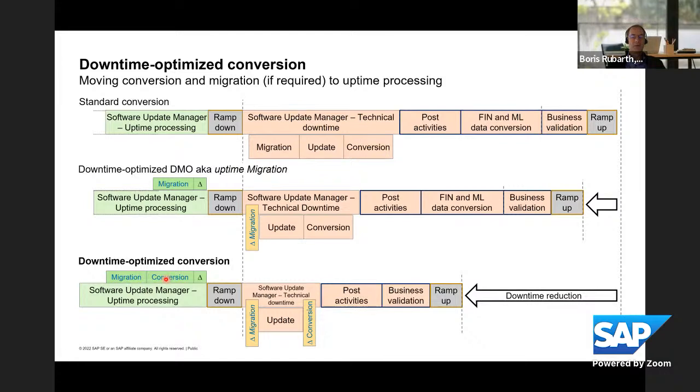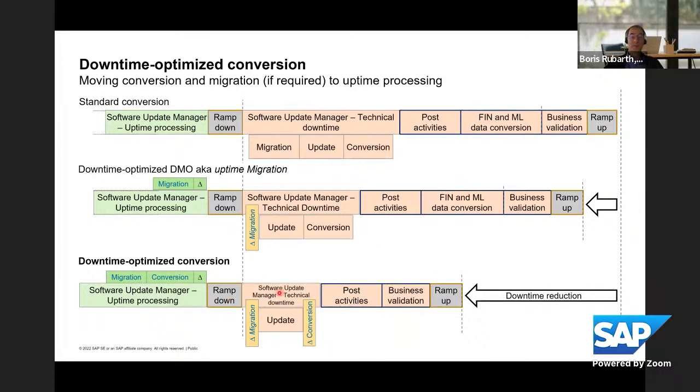Wait a minute, data conversion in the standard approach was partially executed by the Software Update Manager and partially an activity after the Software Update Manager. Yes, and for downtime-optimized conversion, the Software Update Manager will consider both parts. So only for downtime-optimized conversion do we have activities in uptime already. And those activities that in the standard approach were IMG activities after the Software Update Manager are now included in the Software Update Manager.